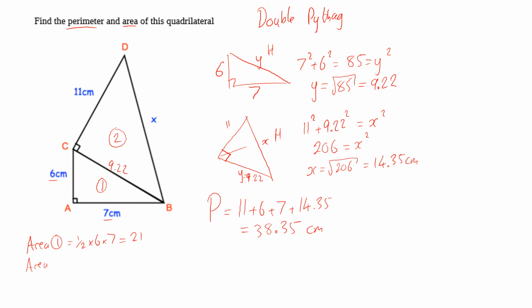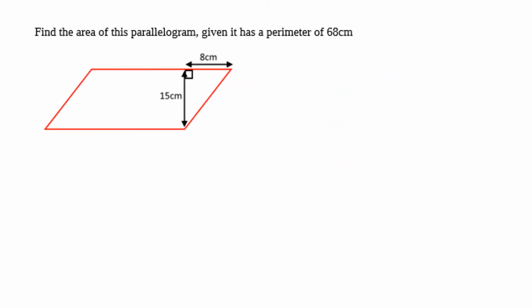The area of 2 is half times, so the base of this one is 9.22 and the height is 11, which is going to give us 50.71. So our overall area is equal to those two areas added together, 71.71 centimeters squared.